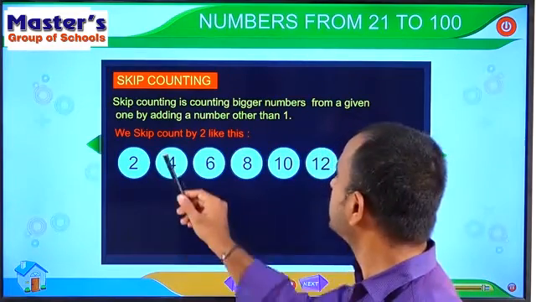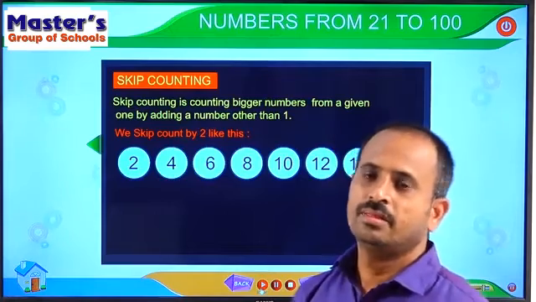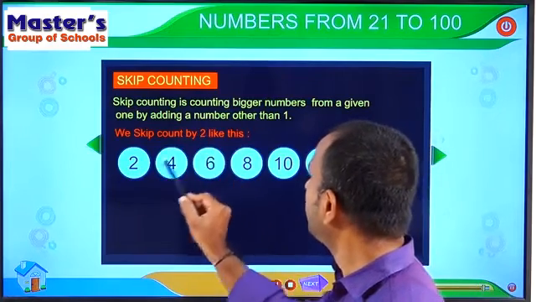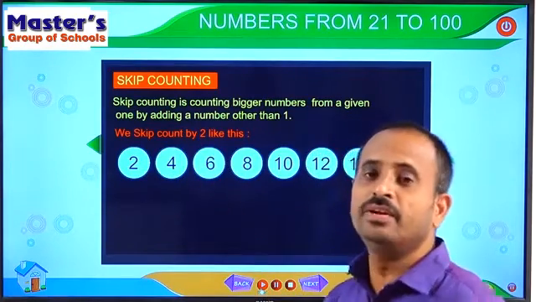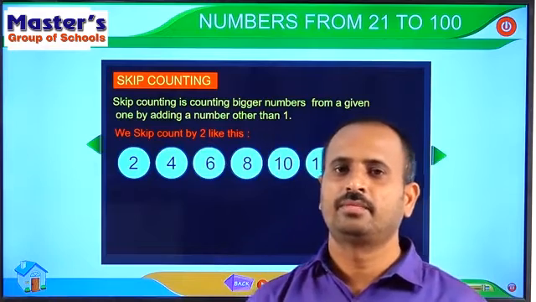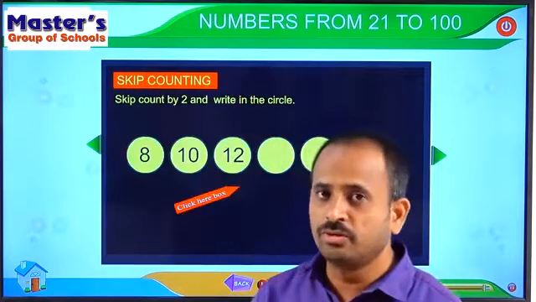So this is called skip count by 2. That means we have to add 2 to each number, then we will get the next greater number.